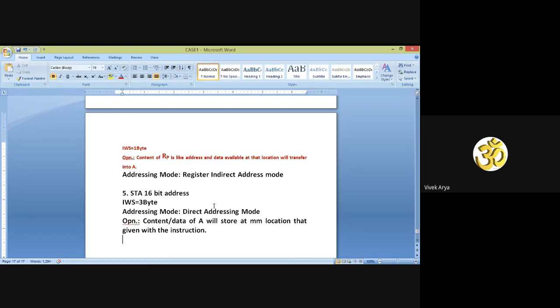That's direct addressing mode, or you can say register addressing mode. Both are the same. Okay. Now let us understand this concept by taking one example.